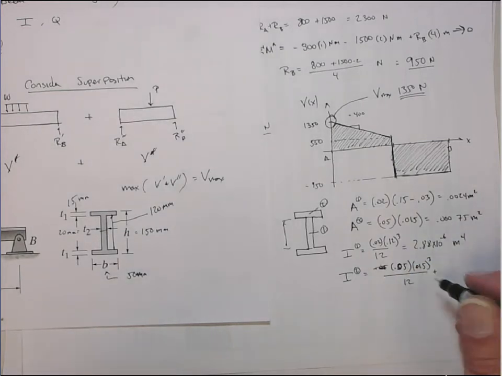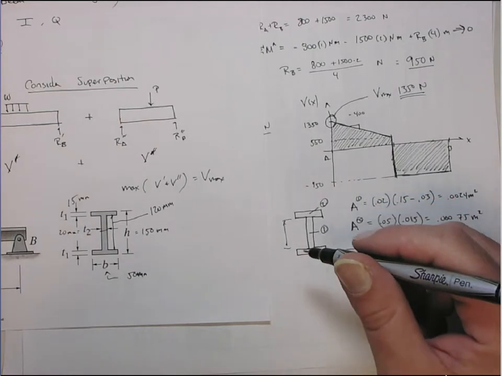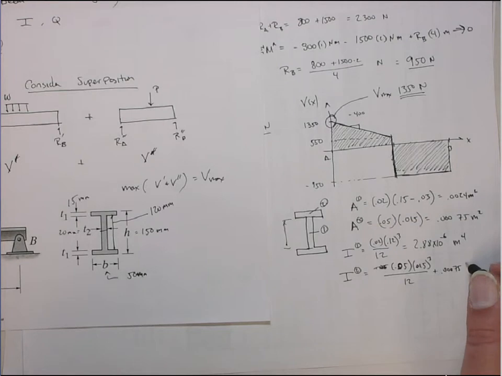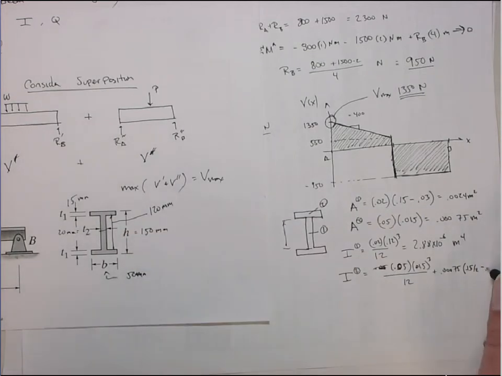So it's its area, which is 0.00075 meters squared, times the distance to its centroid, which is going to be 0.15 divided by 2, that's this distance, minus 0.015 divided by 2, half the height, and that's squared.